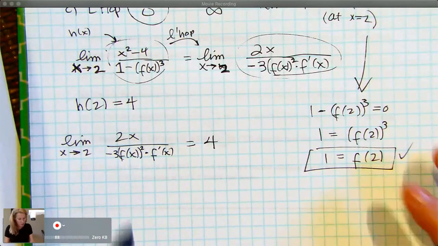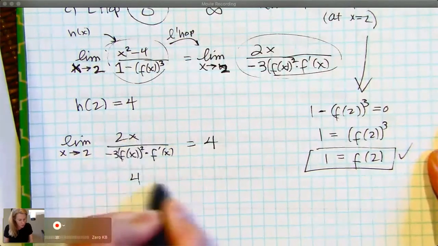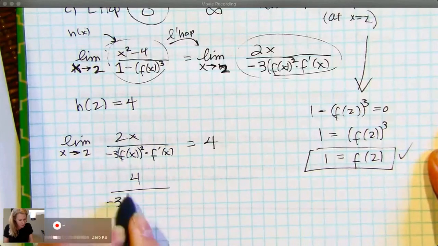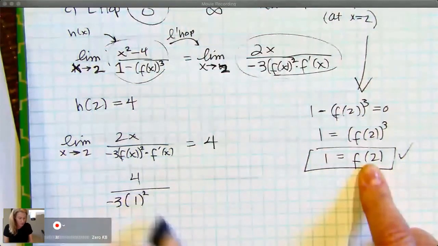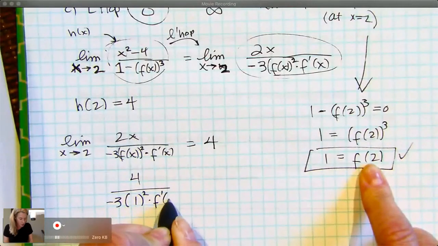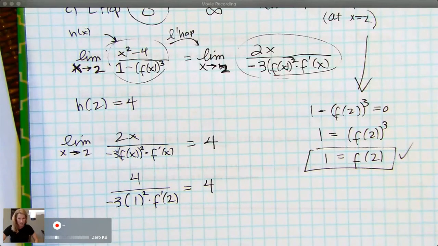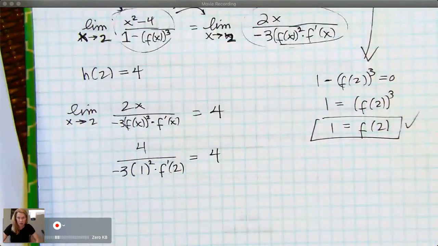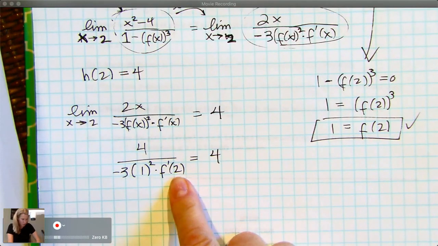If I plug in a 2 here, I get 2 times 2 on top, which is 4. And on the bottom, I got negative 3 times f of 2 squared, so 1 squared, and then times f prime of 2. And this whole thing is supposed to equal 4. So I think you can see we can unravel this and figure out exactly what f prime of 2 is supposed to equal.